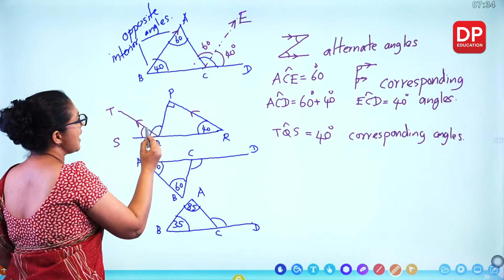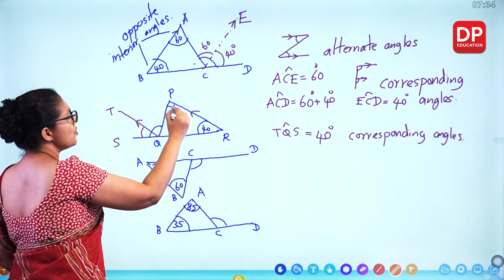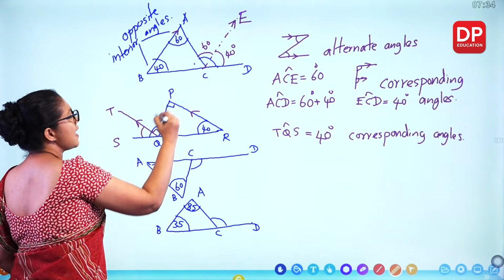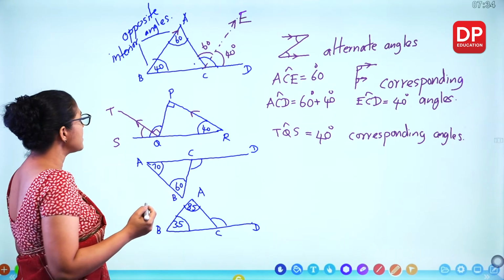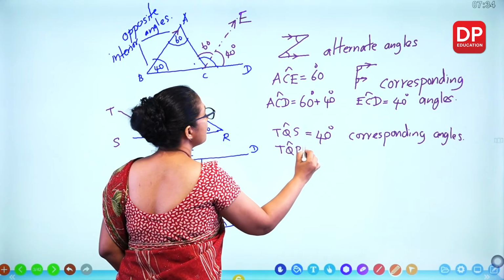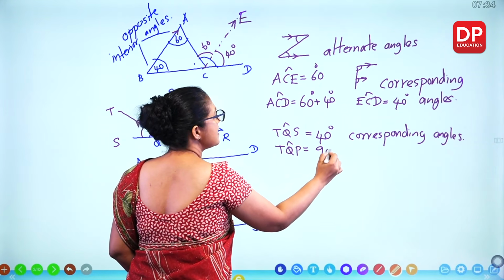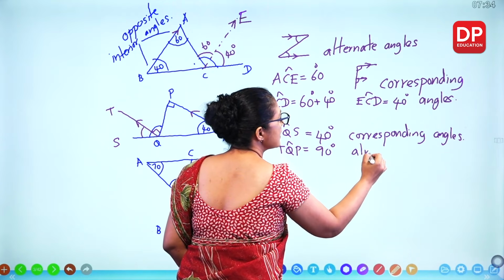Then what about this angle? Angle TQP. That's equal to 90 degrees. This angle and this angle, alternate angles. So here I can write angle TQP is 90 degrees. What's the reason? Alternate angles.